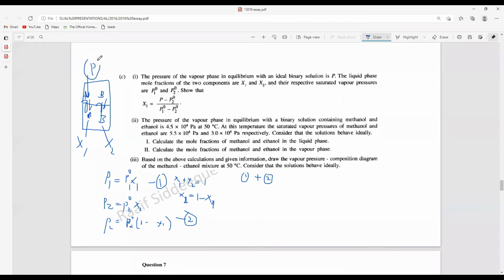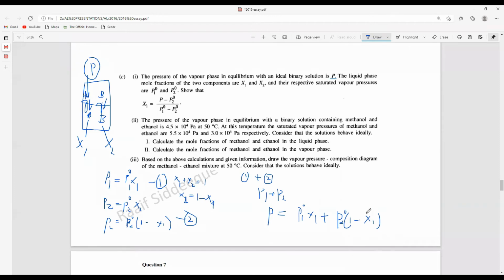So this should be equal to the total pressure that is given as P. So P1 plus P2, which is equal to P, the sum of these two: P01 X1 plus P02 times 1 minus X1.